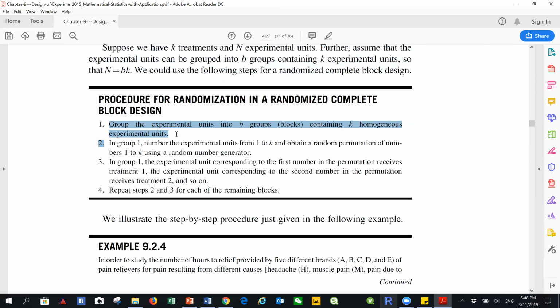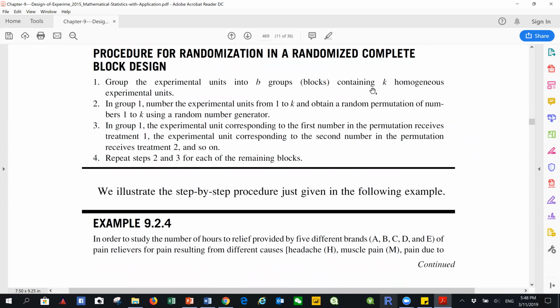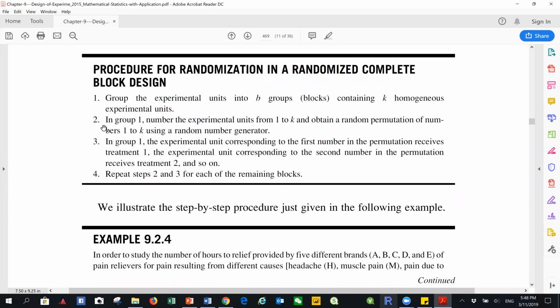Group the experimental units into B blocks, each containing K homogeneous experimental units. In group 1, number the experimental units from 1 to K, and obtain a random permutation of the numbers 1 to K using a random number generator.